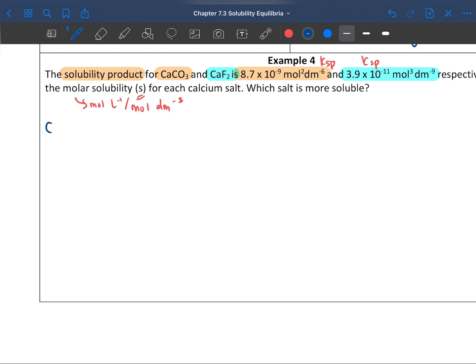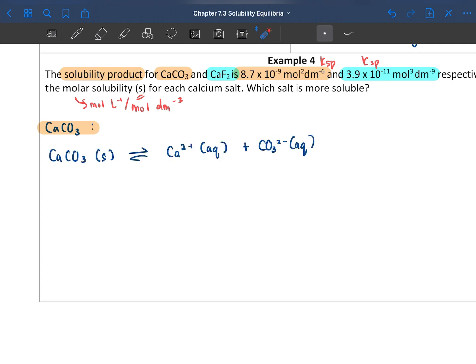First, let us start with CaCO3. Dissociatekan dia, CaCO3 solid. Saya tahu ada student yang mungkin rasa macam mana Miss tahu kalsium ni Ca2+, carbonate CO3 tu minus. Ini back to zaman sekolah dulu masa SPM.